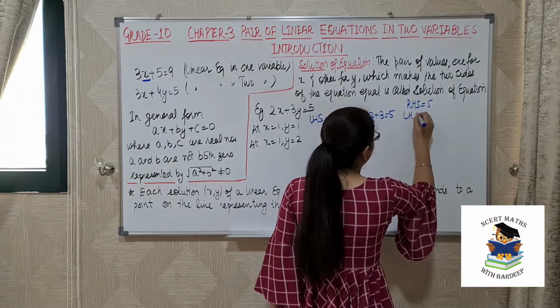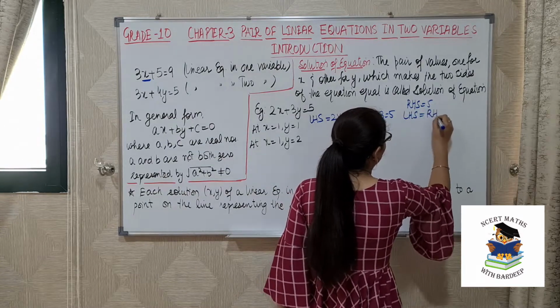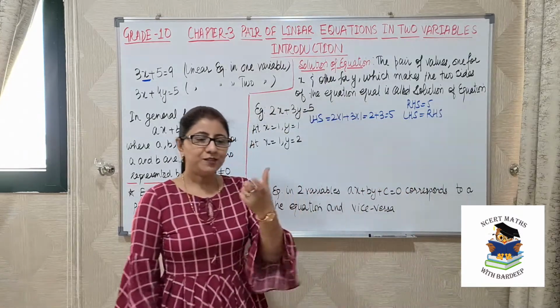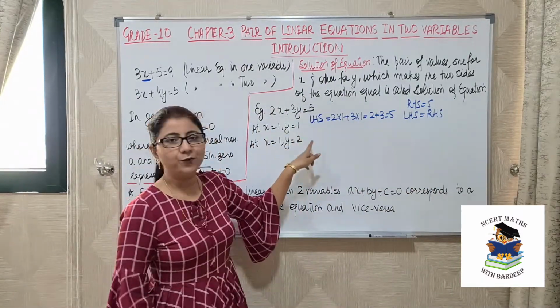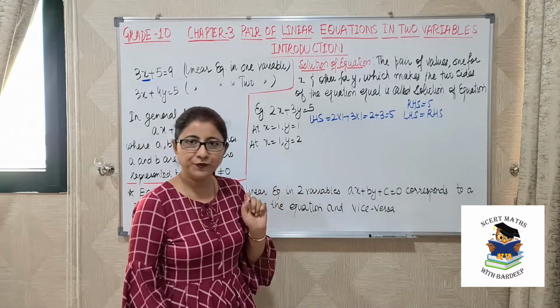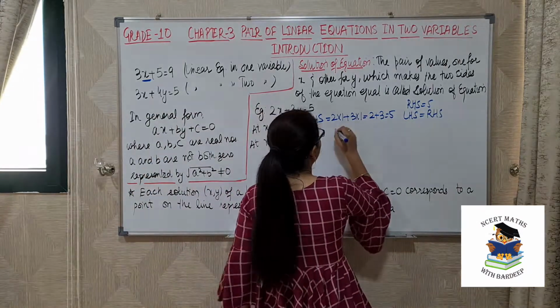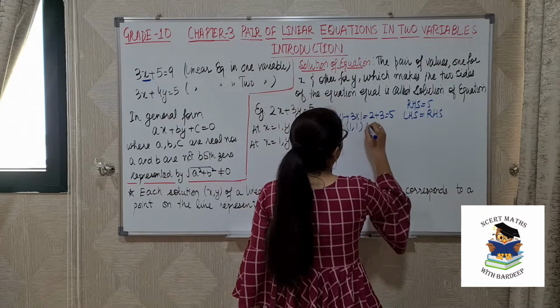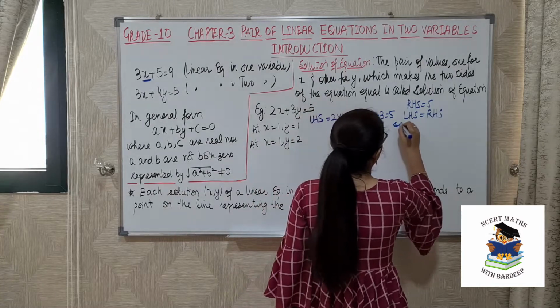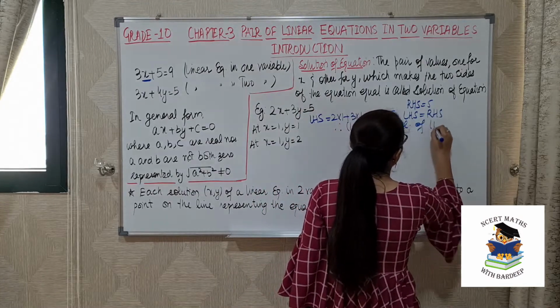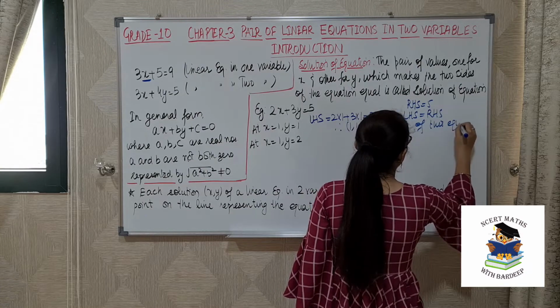So left hand side is equal to right hand side. So this pair, that is x as 1 and y as 1, is a solution of this equation. Therefore, 1 comma 1 is a solution of this equation.